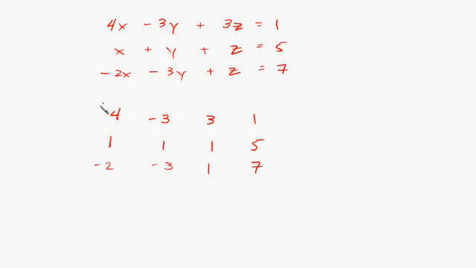You can interchange rows, so you can make row number 2 row number 1, so we can write 1, 1, 1, 5, and then make this row number 2, so 4, negative 3, 3, and 1, and then negative 2, negative 3, 1, and 7.